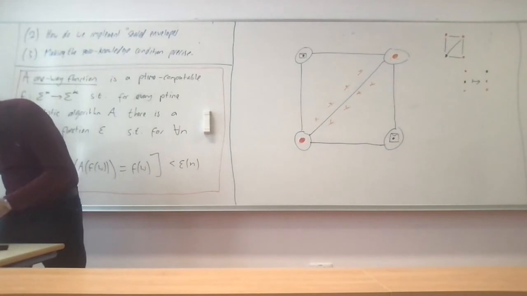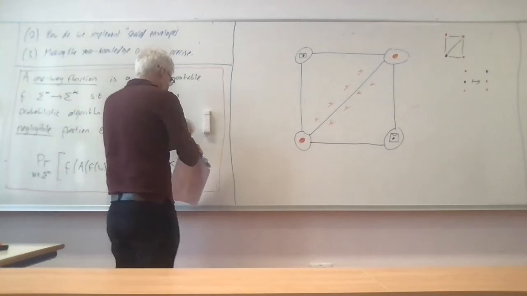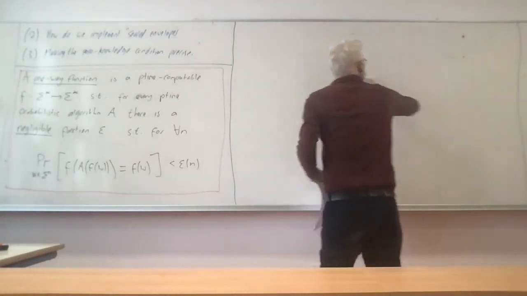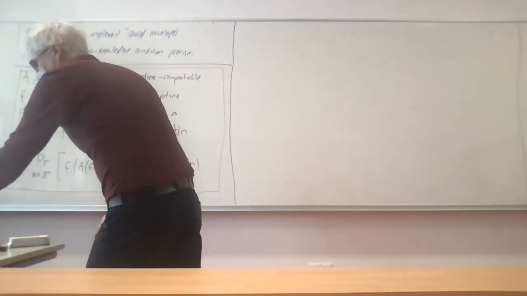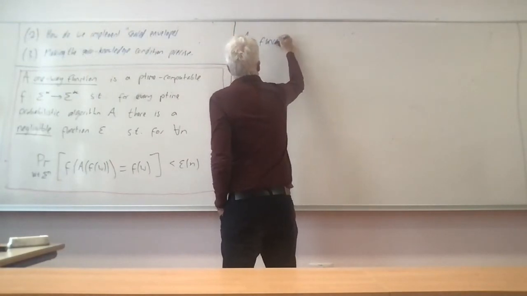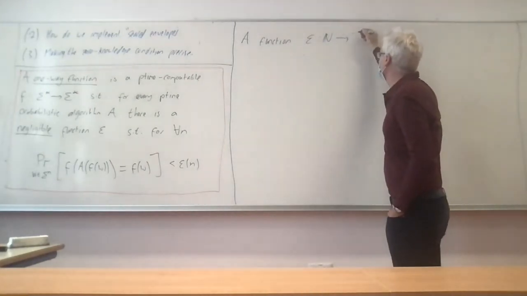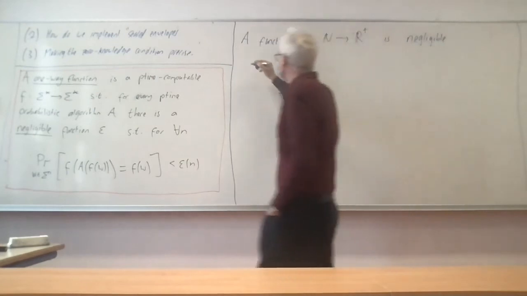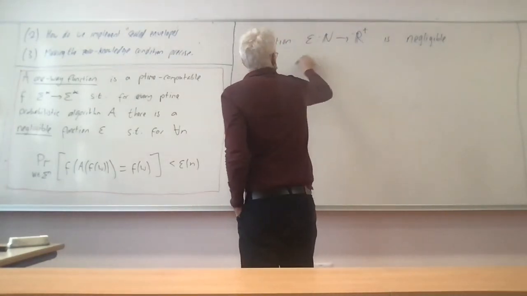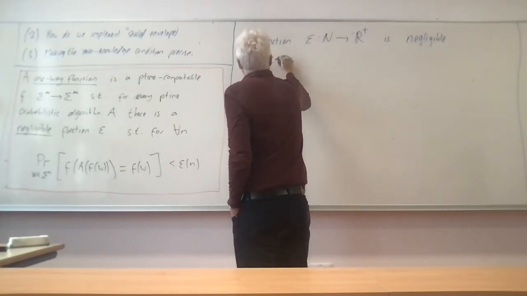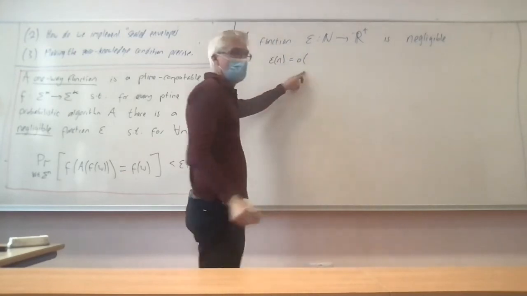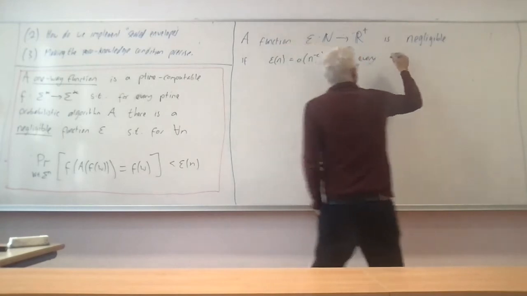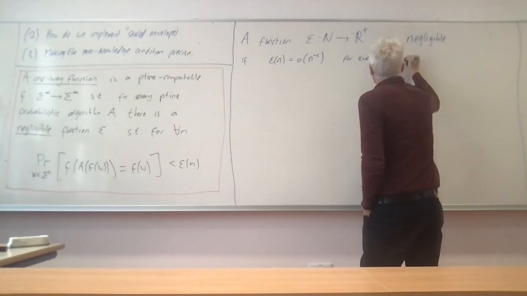I need to say what a negligible function is. A function epsilon from the natural numbers to positive reals is negligible if epsilon of n is little o of n to the minus c for every c greater than or equal to 1.